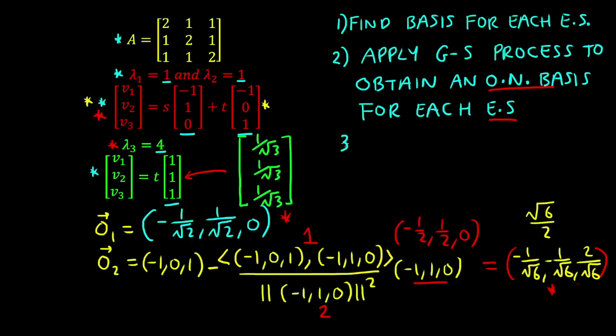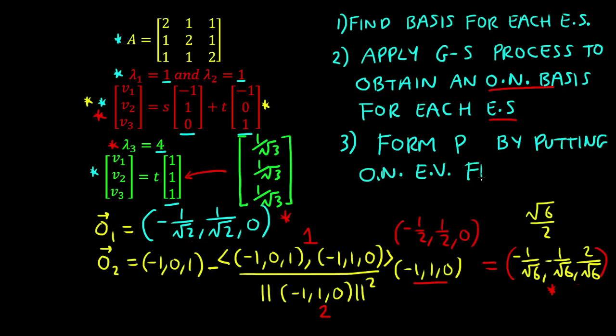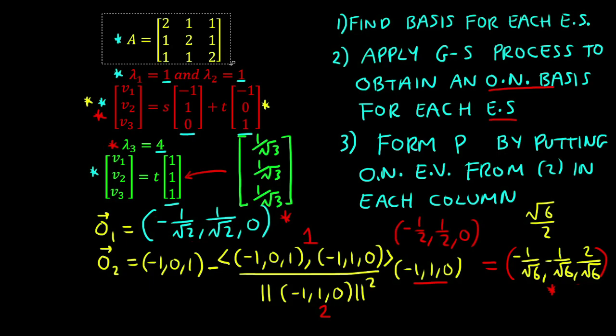And then in the third step, we form the matrix P by putting the orthonormal eigenvectors from step 2 in each column. And let me copy this matrix across because we'll need it later.